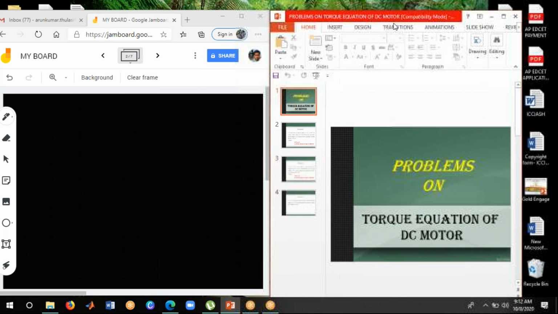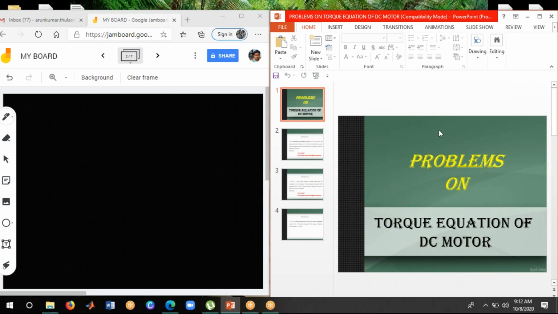So this is our today's topic, problems on torque equation. We are going to solve 3 problems on the torque equation. Then you will be clear about how we can solve. These 3 are different problems. If you understand these problems, then you will get a clear idea about how we can solve problems on the torque equation of a DC motor.